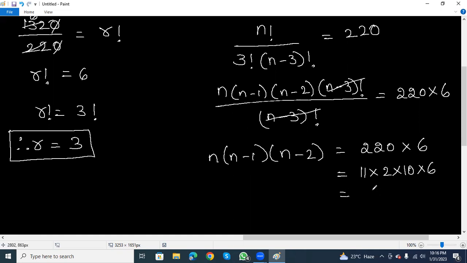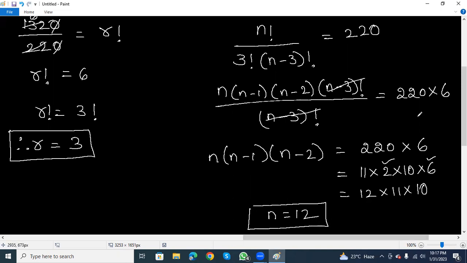We need 3 numbers, so let's multiply these two: 6 twos are 12. 12 is there, 11 is there, 10 is there. So 12 into 11 into 10, the product of 3 consecutive numbers. When you compare either side of the equal to symbol, we can conclude n is equal to 12. So r is equal to 3, n is equal to 12 is the answer.